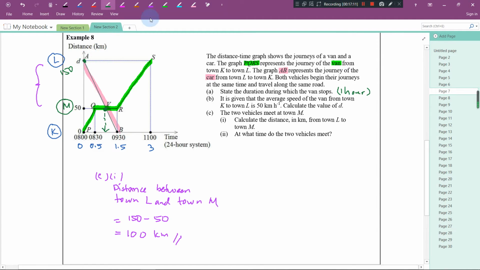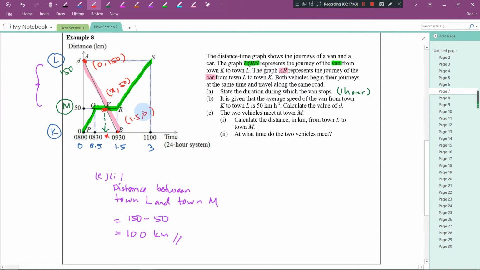The coordinate for here, okay, let me use red color. 0, 150. The coordinate here, I don't know, I just let it be x, 50. And the coordinate here will be 1.5, 0.